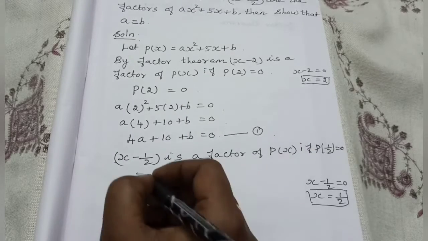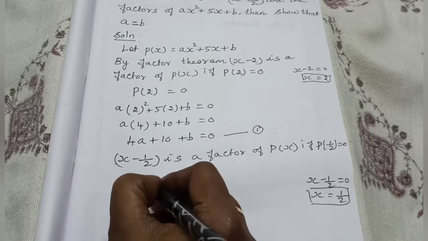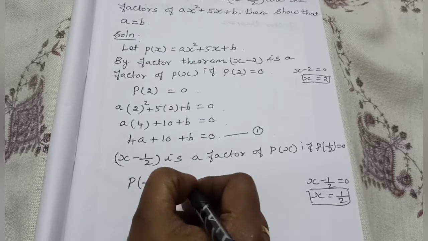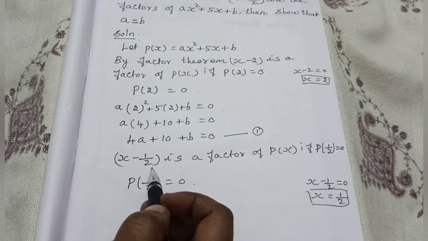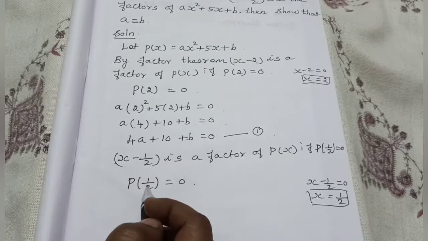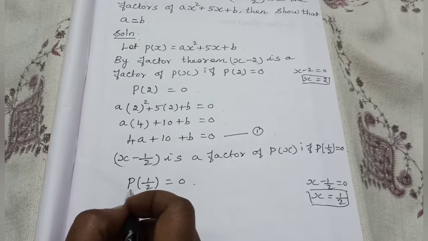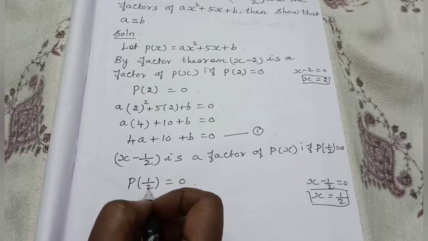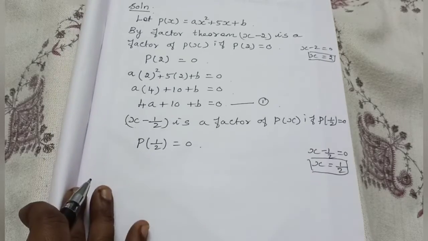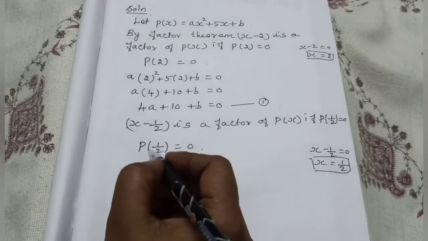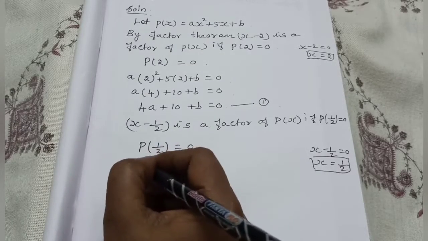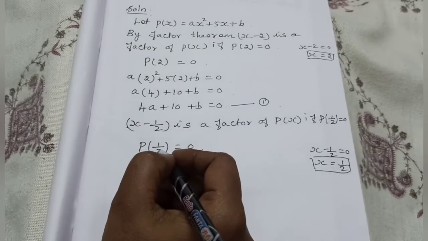Then what's the condition here? p of 1 by 2 equal to 0. Why? Because this is the factor given in the question, so we are writing p of 1 by 2 equal to 0. Then shall we substitute? In p of x, substitute x as 1 by 2.